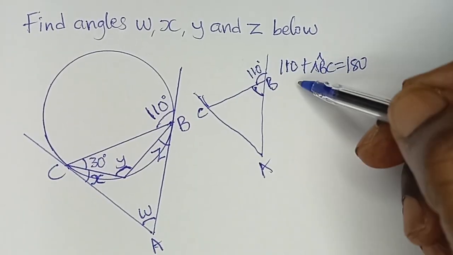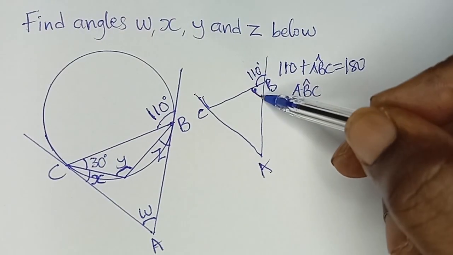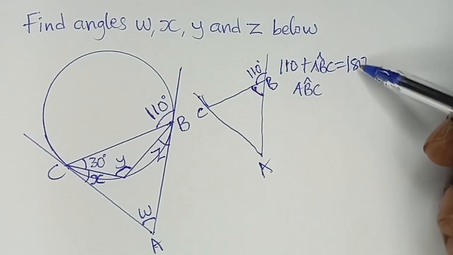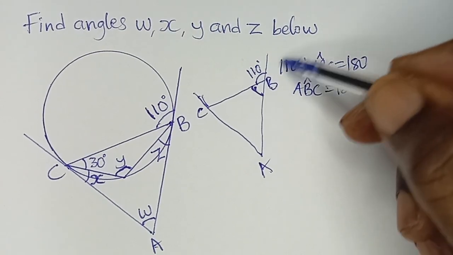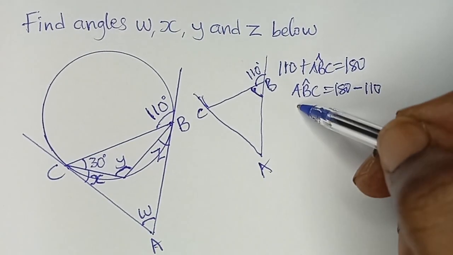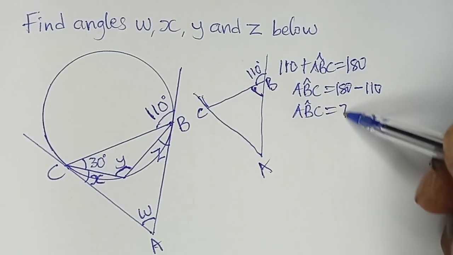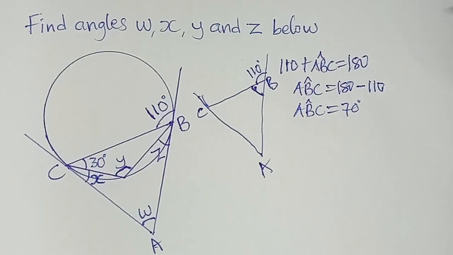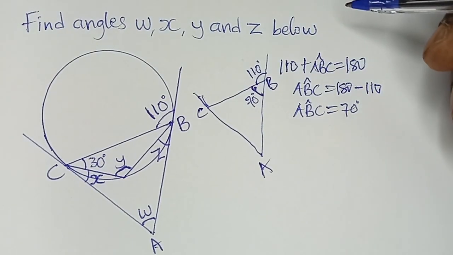So for me to get angle ABC, that is this angle here, I simply say 180 minus this 110. So that angle ABC is equal to 70 degrees. So that means this angle is 70 degrees.